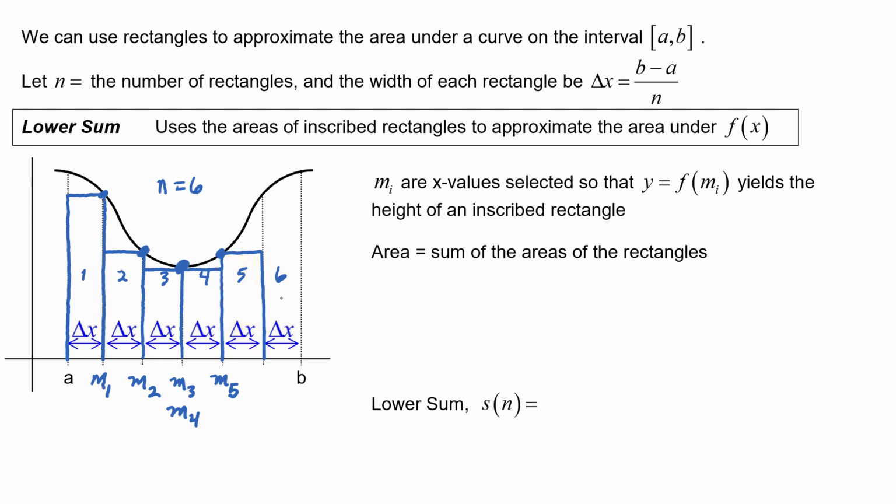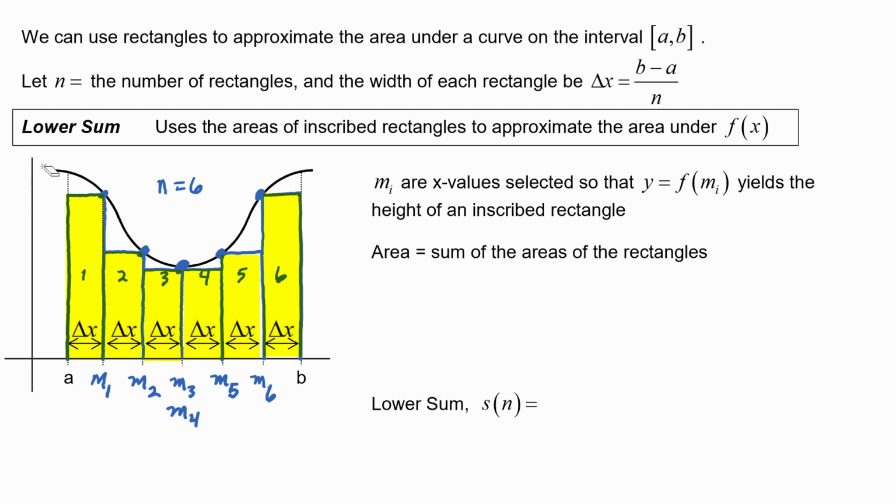And in region 6, we have to pick this left endpoint here, and we get the height of our rectangle is f of m6. Now the areas of these 6 rectangles will approximate the area underneath f of x.